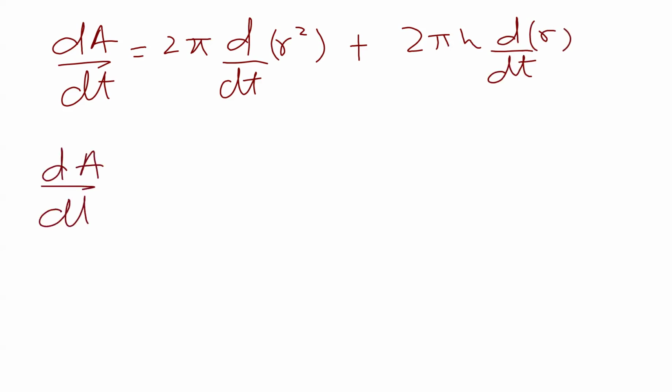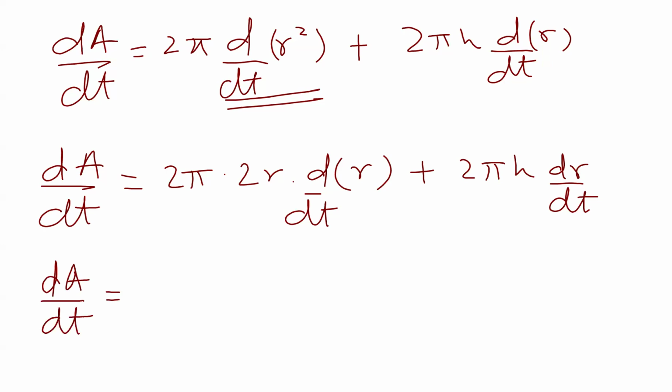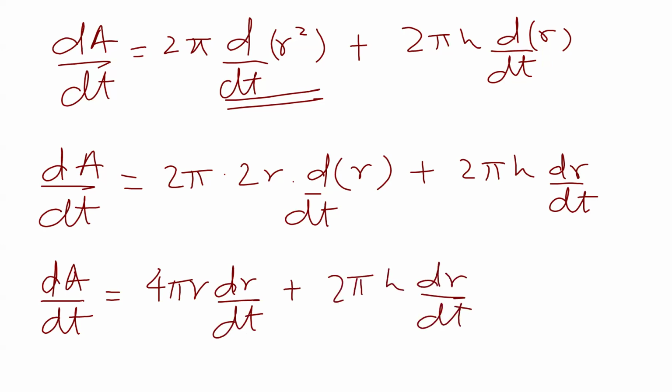So dA by dt is equal to 2 pi into 2r d by dt of, anyone? Please tell me. R, correct. Plus 2 pi h dr by dt. So dA by dt is equal to 4 pi r dr by dt plus 2 pi h dr by dt.